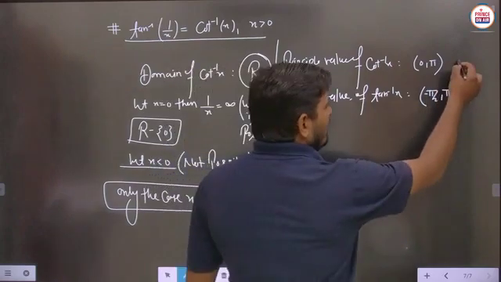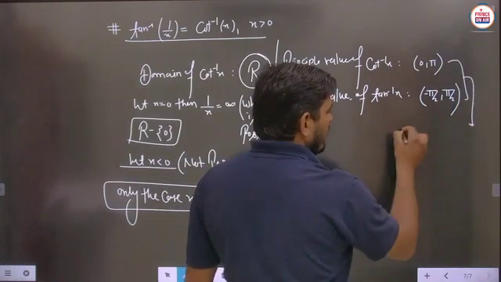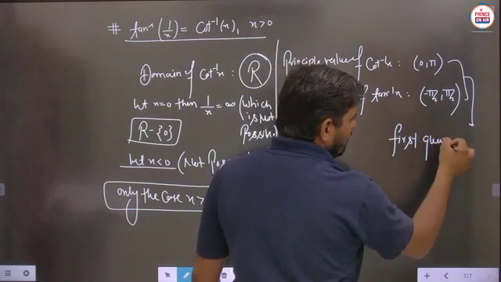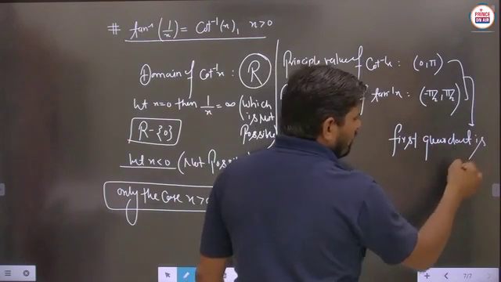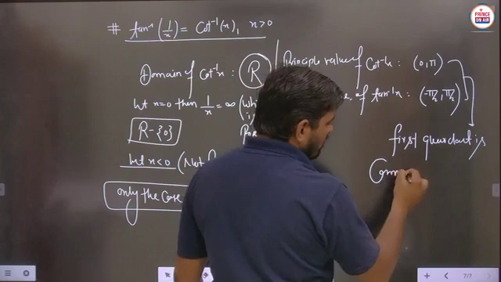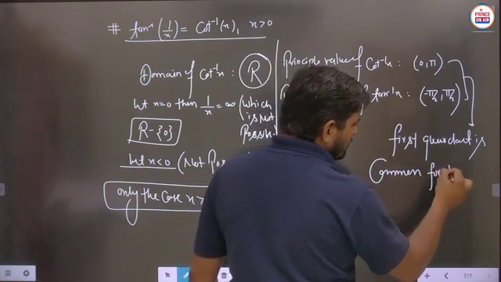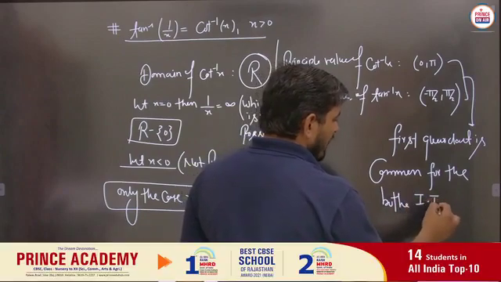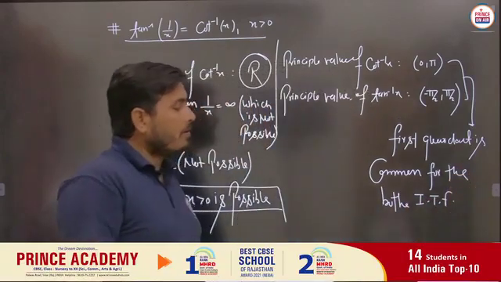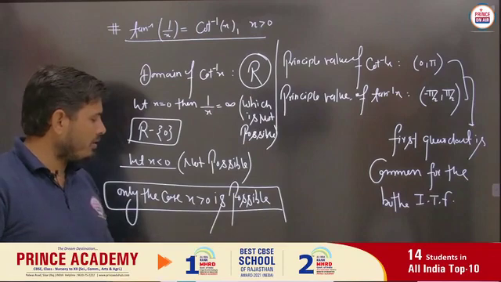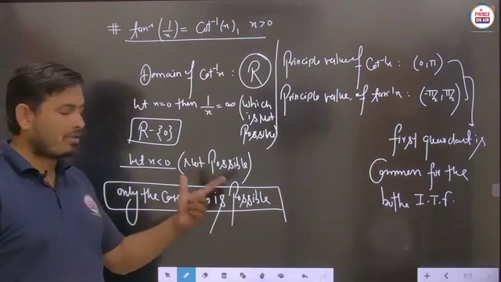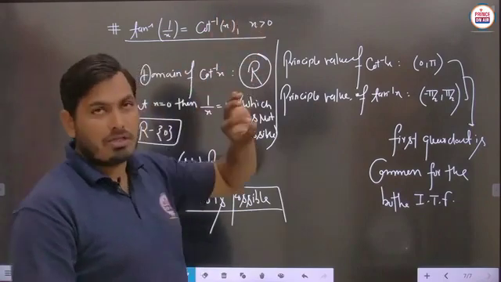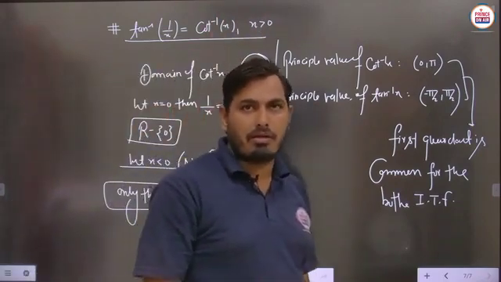You can say the first quadrant is common for both the functions, for both the inverse trigonometric functions, ITF. Is it clear? So definitely we have to take the first quadrant. That's why we can say that only the case x greater than 0 is possible. That's why, student, in this case we just have to apply the condition x greater than 0.